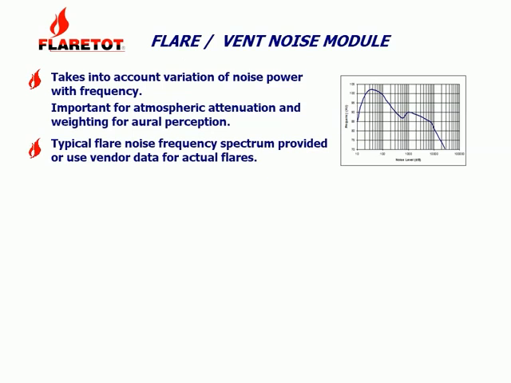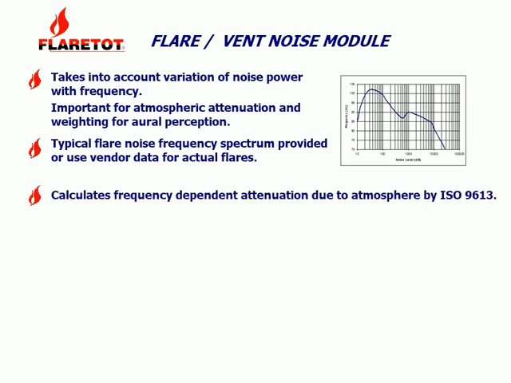Vendor curves for actual flares can also be utilized. The frequency-dependent atmospheric attenuation is calculated using ISO 9613. Both A and C frequency weightings are reported. These weightings account for relative loudness perceived by the ear, as it is less sensitive to low frequencies.